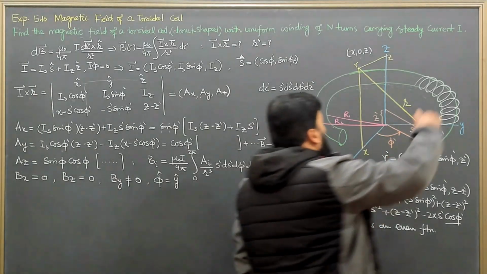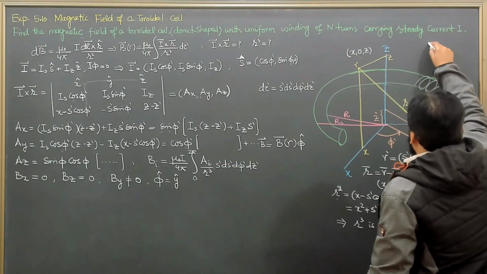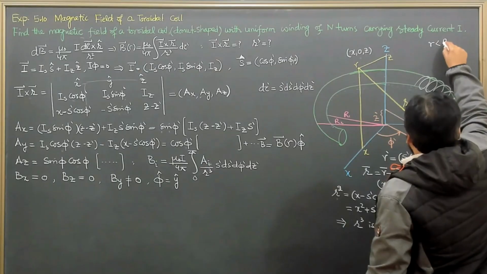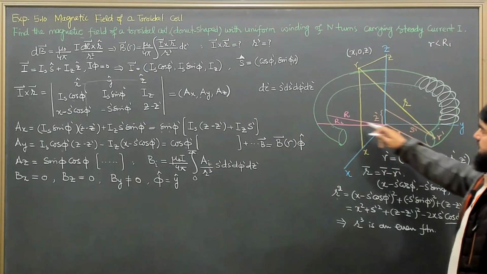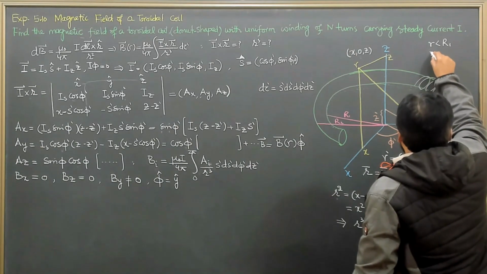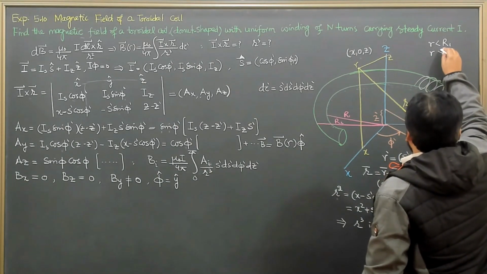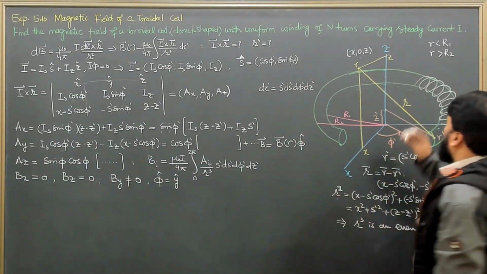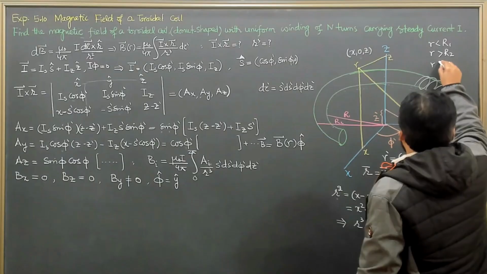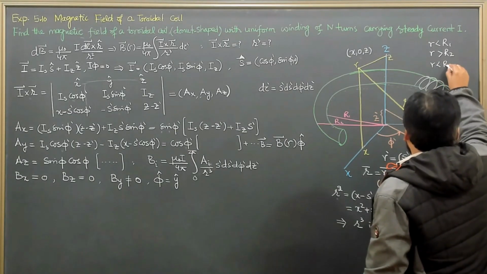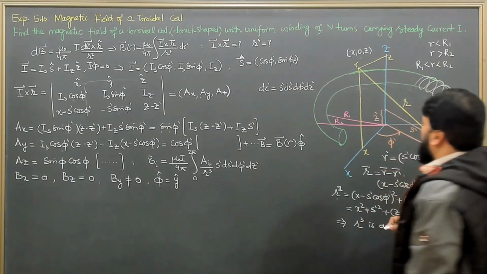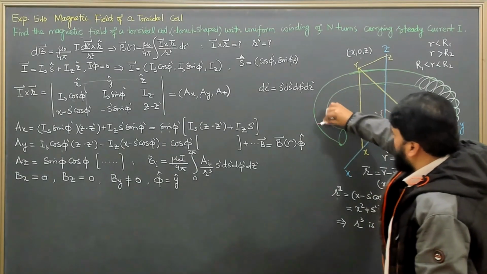One region is when R is less than R1, like we are inside the toroid. Another is R greater than R2, meaning we are outside of the toroid, and when R is such that it is between R1 and R2, so it is inside the toroid here.